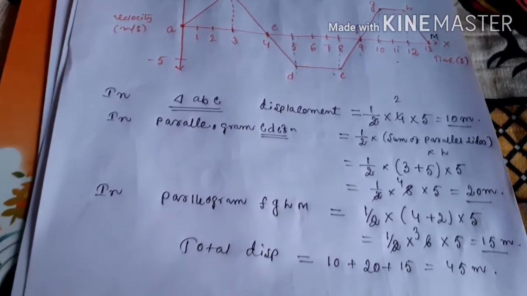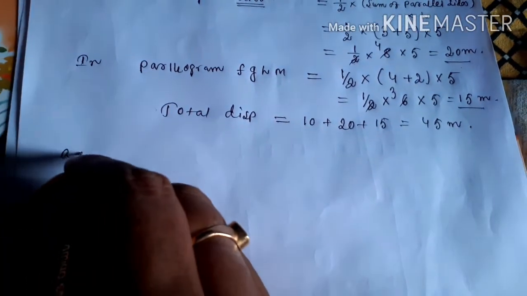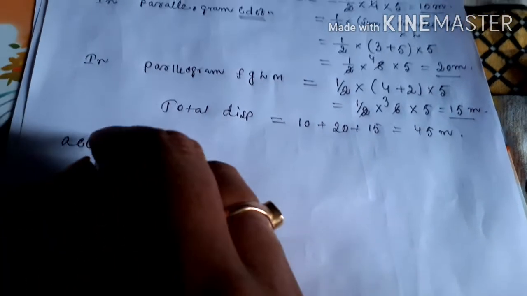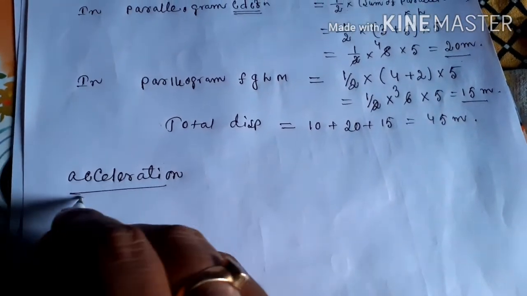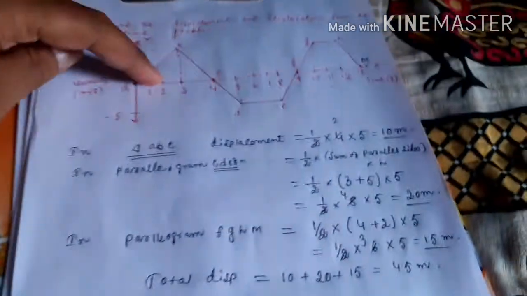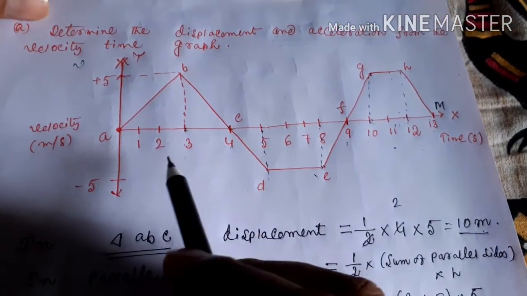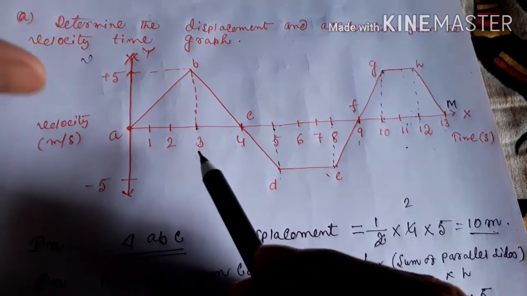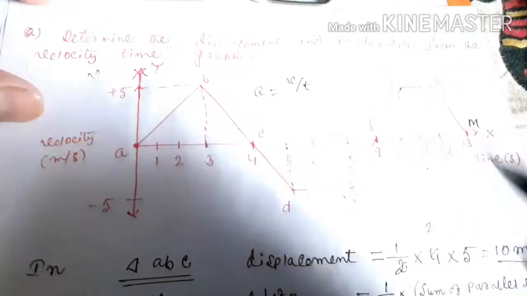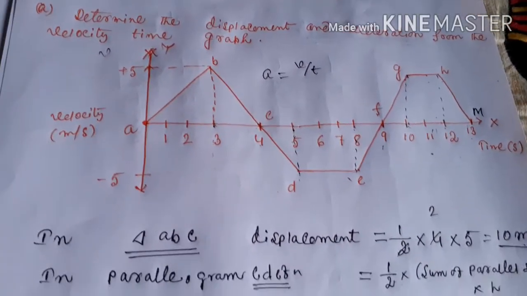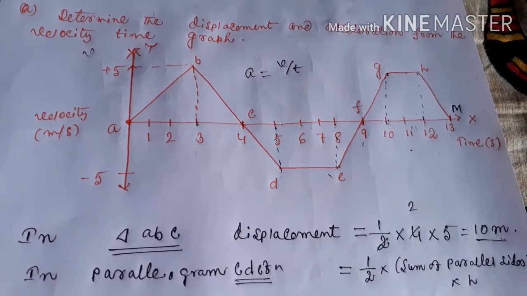Now the next one. Suppose you are going to calculate the acceleration of the body, then what do you have to calculate? See, acceleration, we all know, is velocity by time. So for each and every part we are going to calculate the velocity by time here.